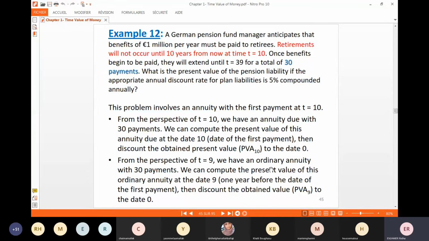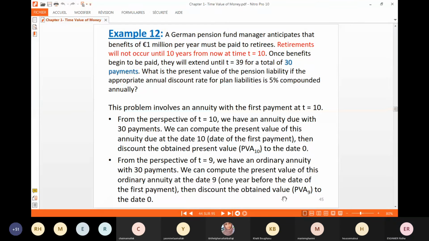At date 10 we have an amount, and at date 39 we have an amount. So it will be 39 minus 10 plus 1 amounts, giving a total of 30 payments. Don't confuse the number of years with the number of deposits.